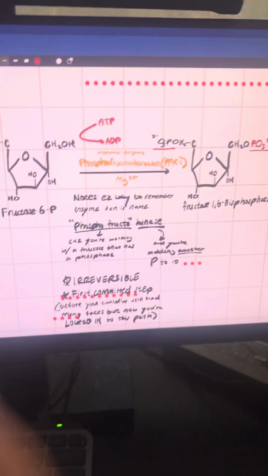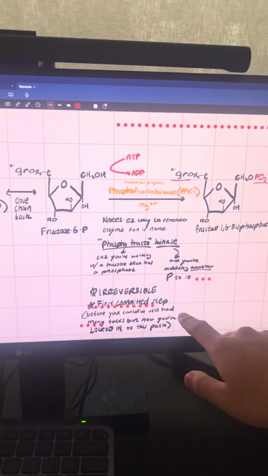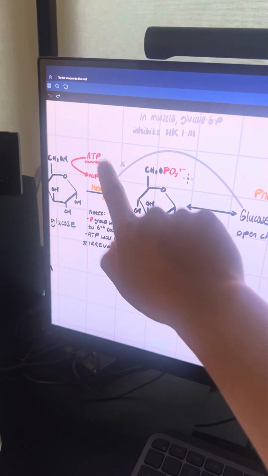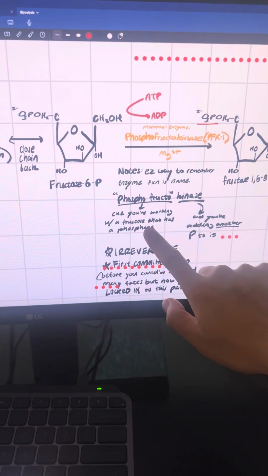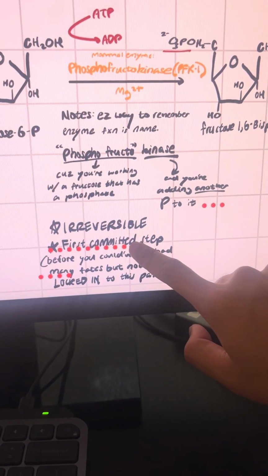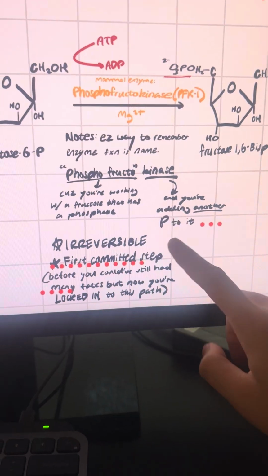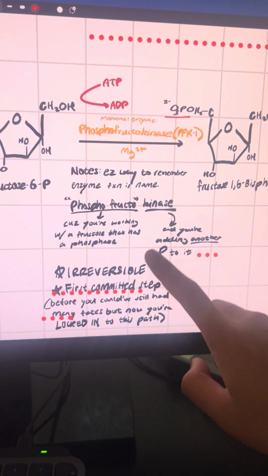But let's keep going. So this step is another irreversible step. So far we have 2 irreversible steps. The hexokinase, where you add a phosphate, and PFK, where you add a phosphate. You have to know all the irreversible steps of glycolysis. And this is also the first committed step. So what does that actually mean? The first committed step means that you're now locked in to the pathway.